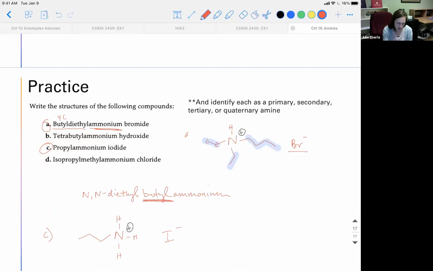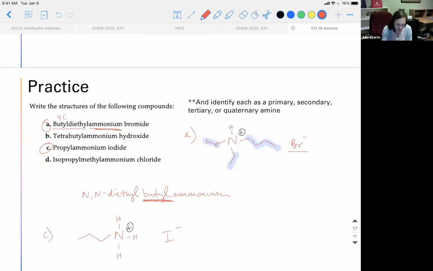So this was A, and this was B. Now the next part I added on. On the butyl diethyl ammonium, is this a primary, secondary, tertiary, or quaternary? Just because it has 4 bonds doesn't mean it's quaternary. You have to count how many carbons are bonded off of this particular nitrogen. Tertiary.